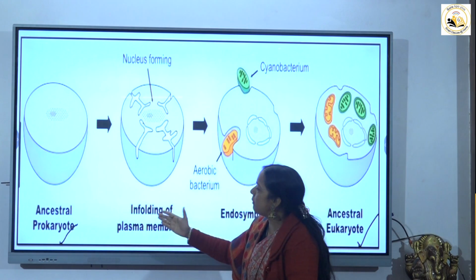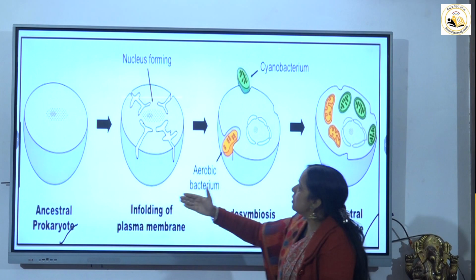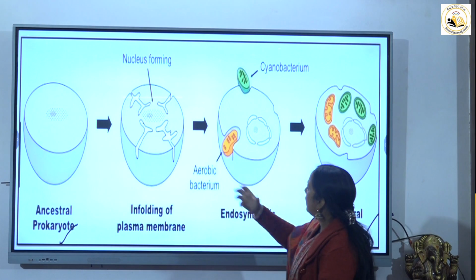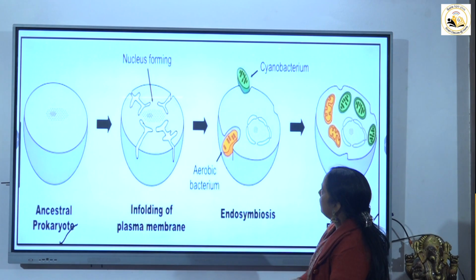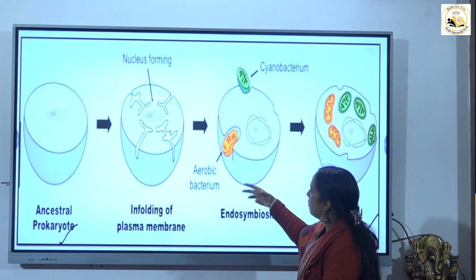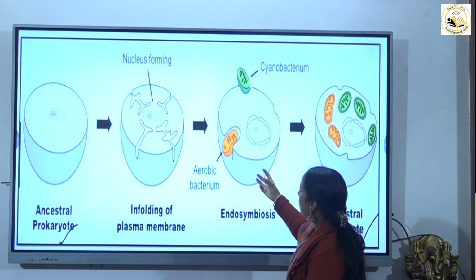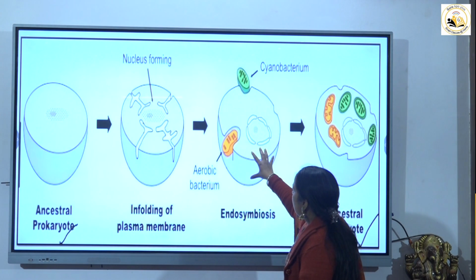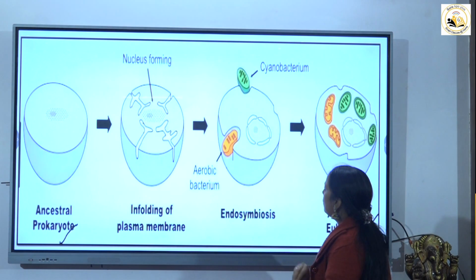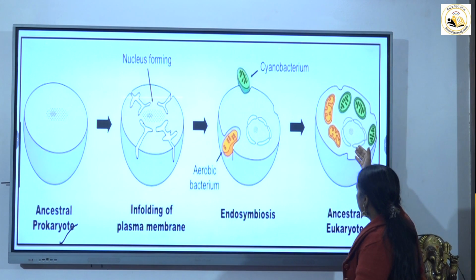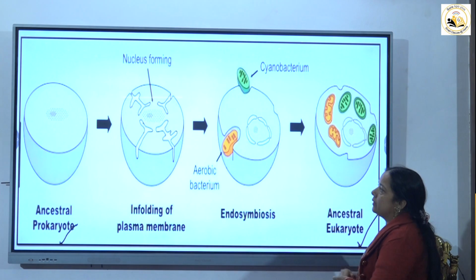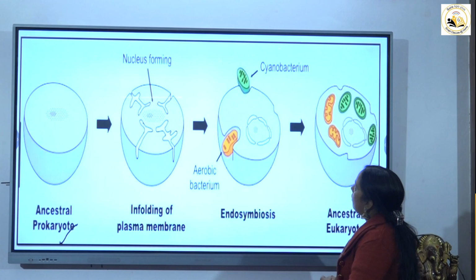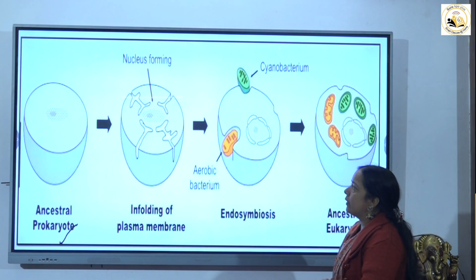Some ancestral prokaryote must have entered the eukaryotic cell by endosymbiosis and lived there, and it developed into the mitochondria. This is the theory for the development of mitochondria in the eukaryotic cell.